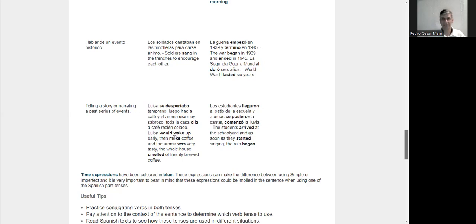Olía a café recién colado. Okay? Freshly brewed coffee. On the other side, simple past, students arrived at the schoolyard and as soon as they started singing, the rain began. Do you notice what's going on in here? Chronological order. If that's what's important for your story, you need to choose the simple past.